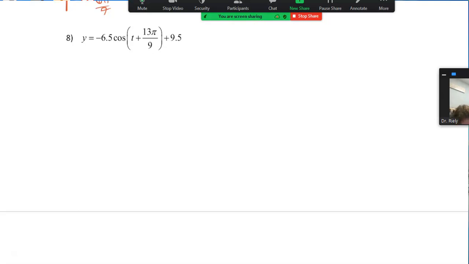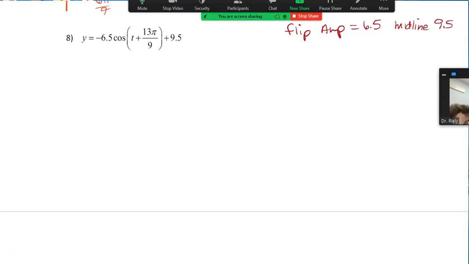Okay, next one. Let's come down here. We'll finish in red. List my changes. I have a flip. I have an amp equal to 6.5. I have a midline, or D, of 9.5.